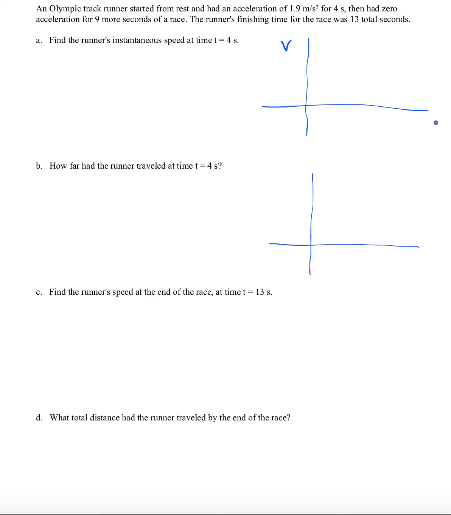The graphs that are really important here are velocity versus time and acceleration versus time. Now, they said that the acceleration was 1.9 meters per second squared, and that lasted for 4 seconds. This implies what is called constant acceleration, meaning the acceleration isn't changing. When anything's constant, then it should have a horizontal graph.